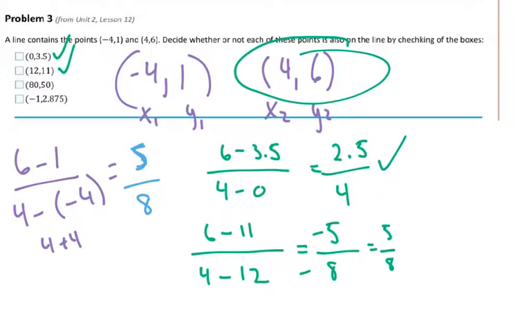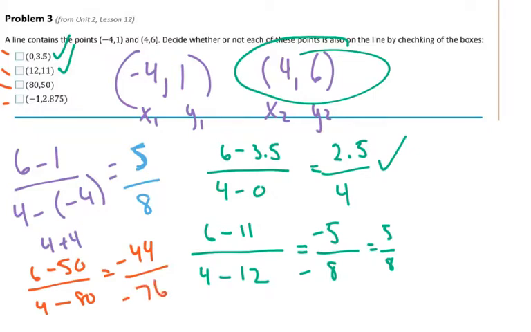I'm going to squeeze another one in here. Let me change the color so we can see it better. This is 6 minus 50 and 4 minus 80. Remember, I'm just getting these from up here. 6 minus 50 is -44, and 4 minus 80 is -76. Okay, those will become both positive, 44 over 76.